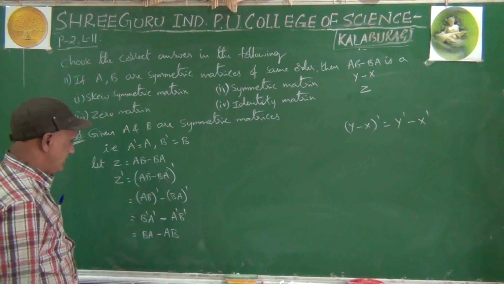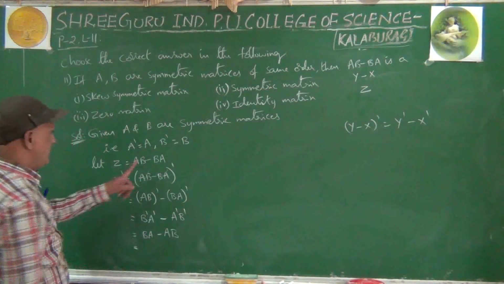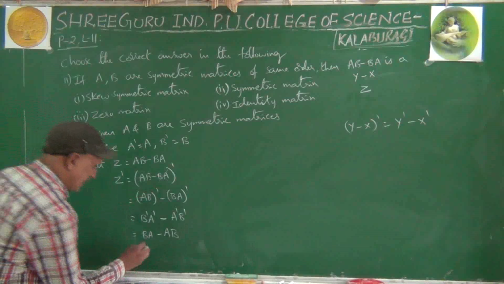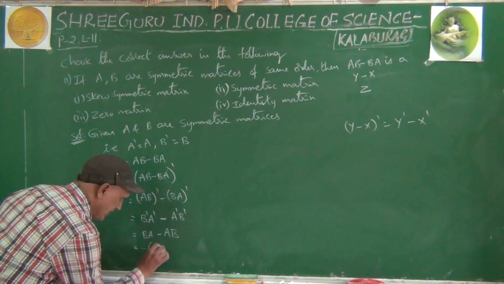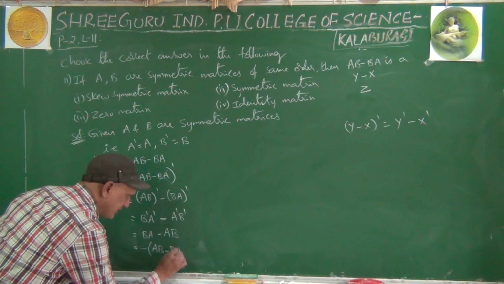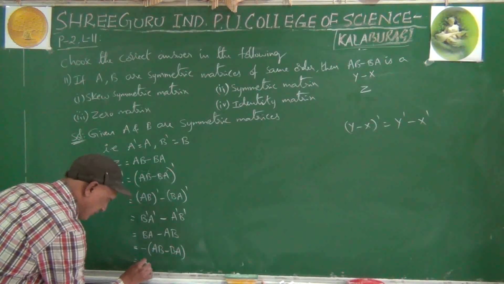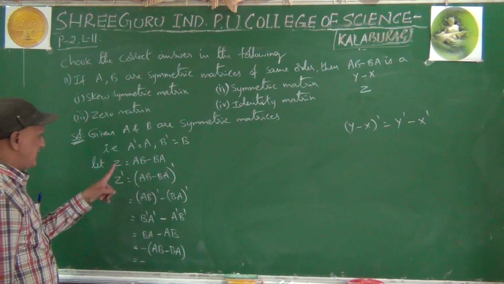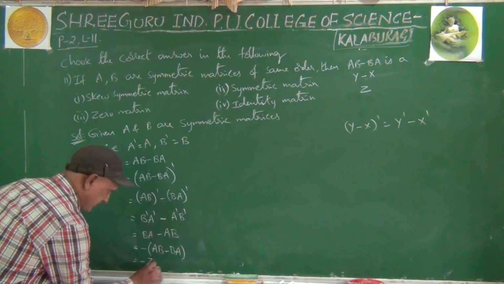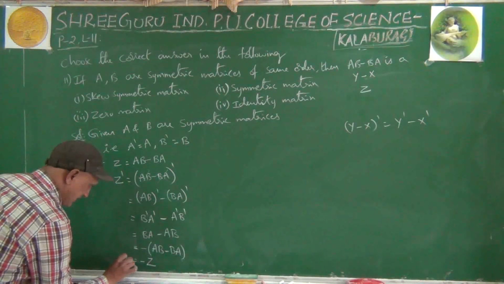BA minus AB. Let us take minus common. Then it becomes minus of AB minus BA, which means minus Z.